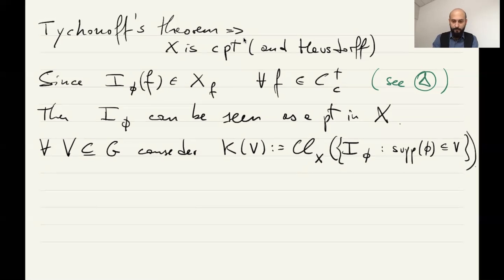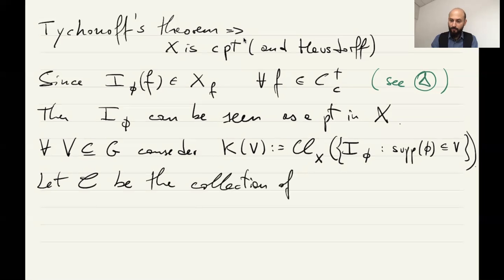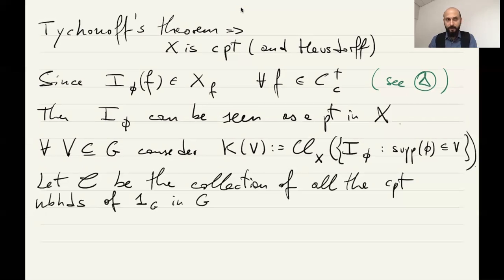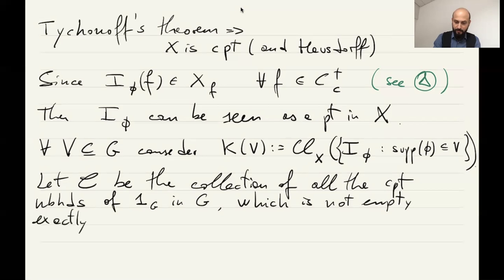Okay. So now let C be the collection of all the compact neighborhoods of the identity element in G. And this collection is not empty, exactly because we assumed that G is locally compact.